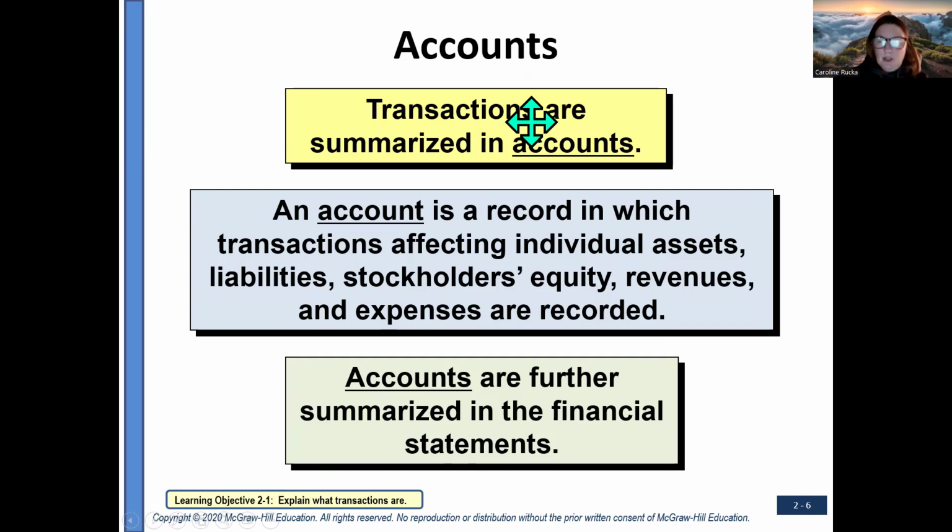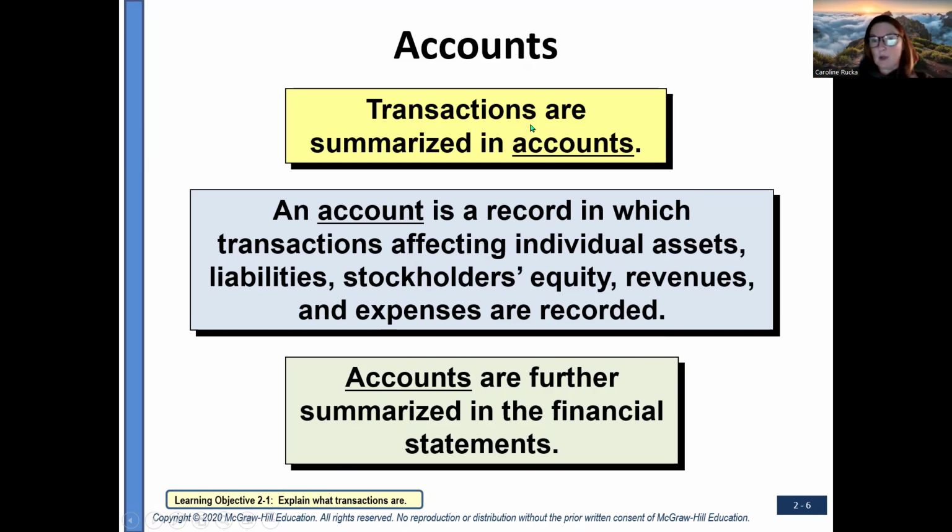Every single time there's a transaction, we make a journal entry, but all of that goes into an account, which is kind of the summary of everything that's happened. The account is a record in which those transactions we talked about affect various assets, liabilities, and stockholders' equity.